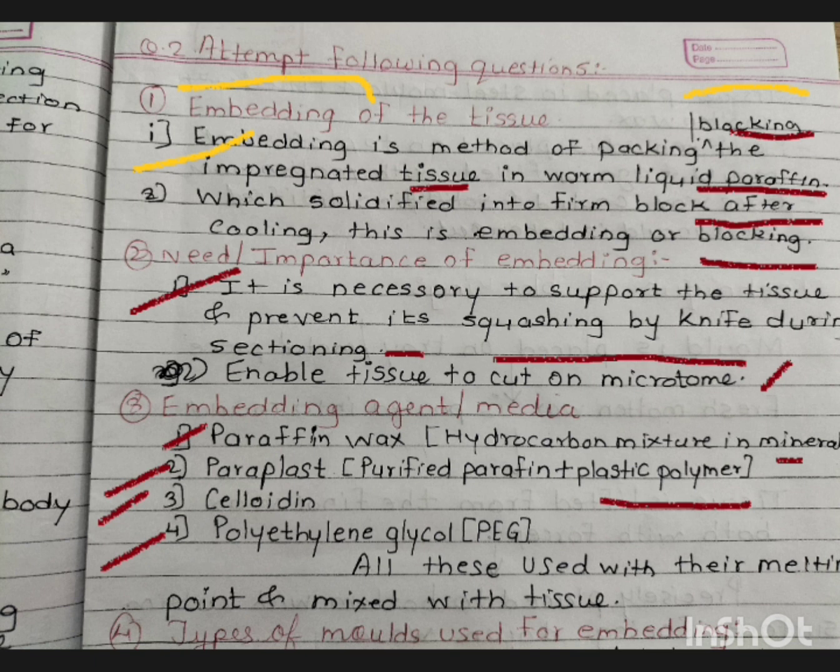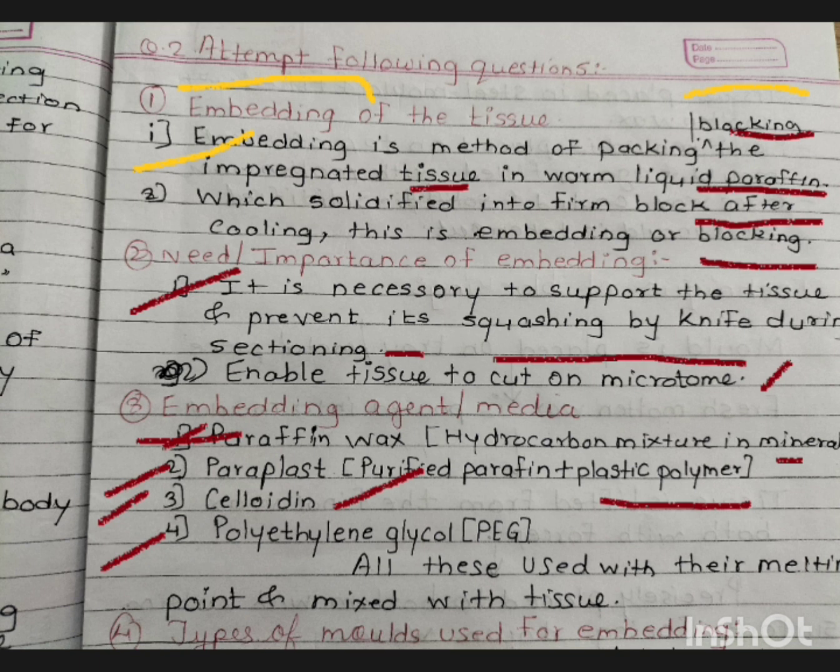Otherwise, if your sample is very delicate, or we have to study it for processes like electron microscopy, then celloidin, the third one, is used. But for routine purposes, paraffin wax is used.